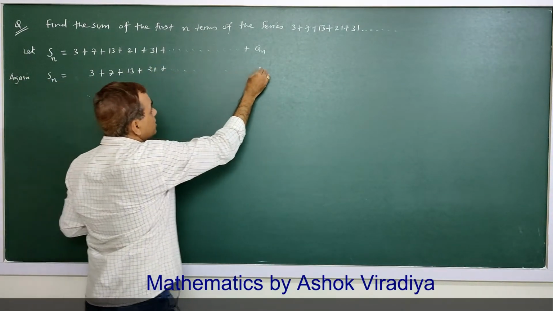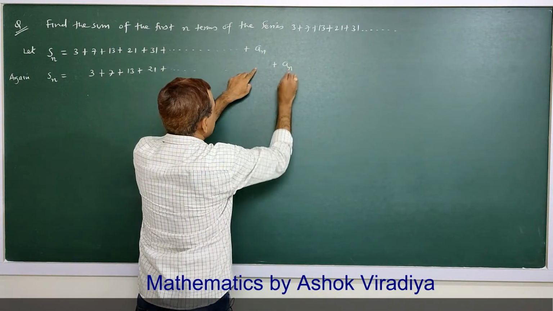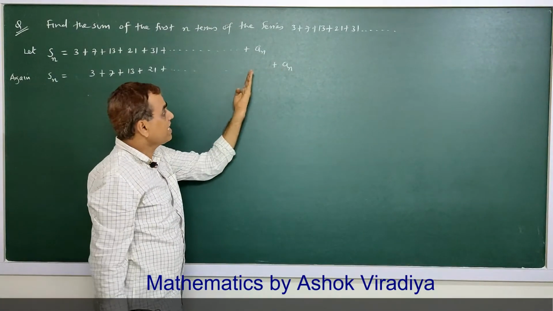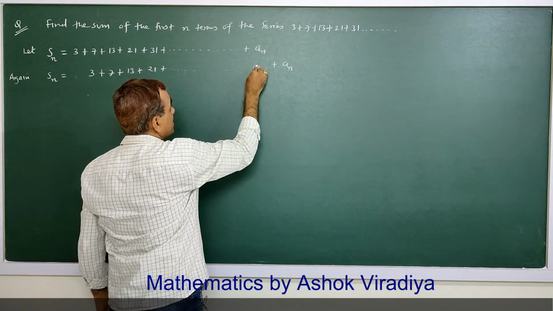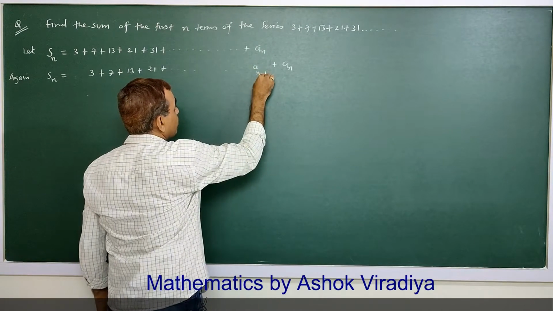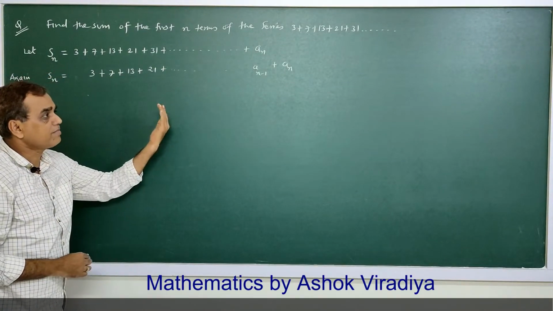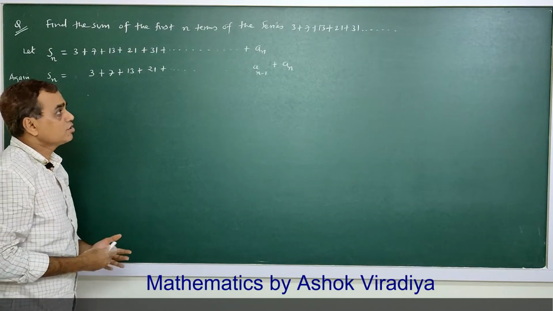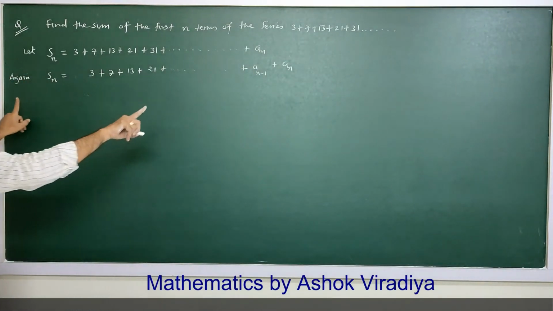Continuing this procedure, an will be here in the next place, and before an this will be an minus 1, the second term from last, the n minus 1th term. So the first line is repeated but differently.